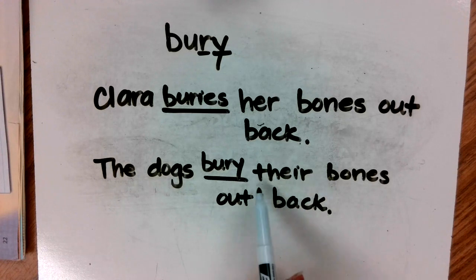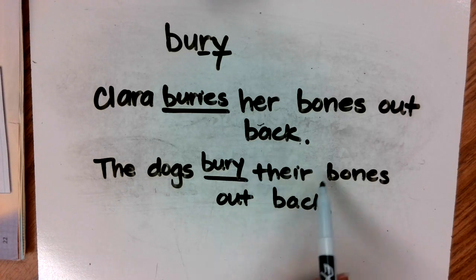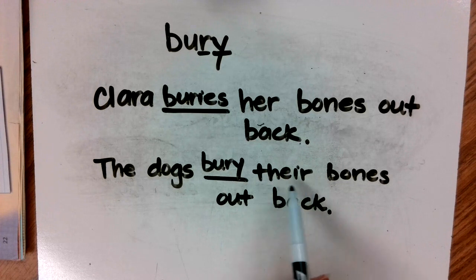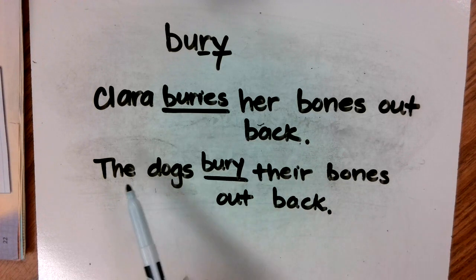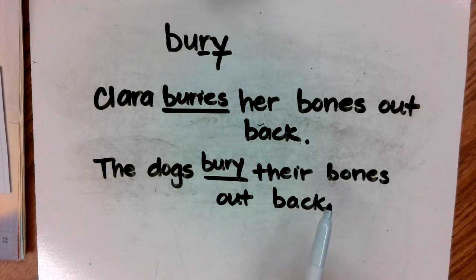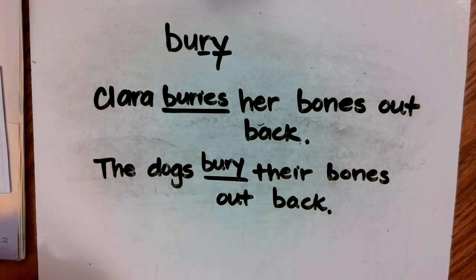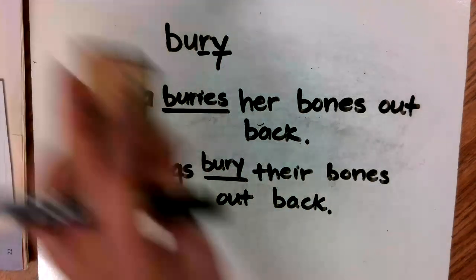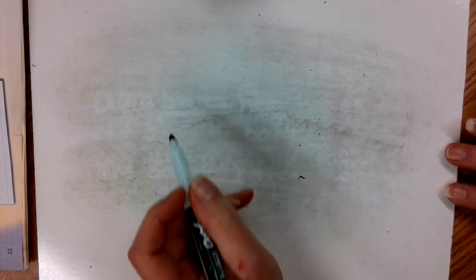I had to change the pronoun to their. Okay? The dogs bury their bones out back. So whenever we have a consonant Y, we change that Y to an I and add ES.